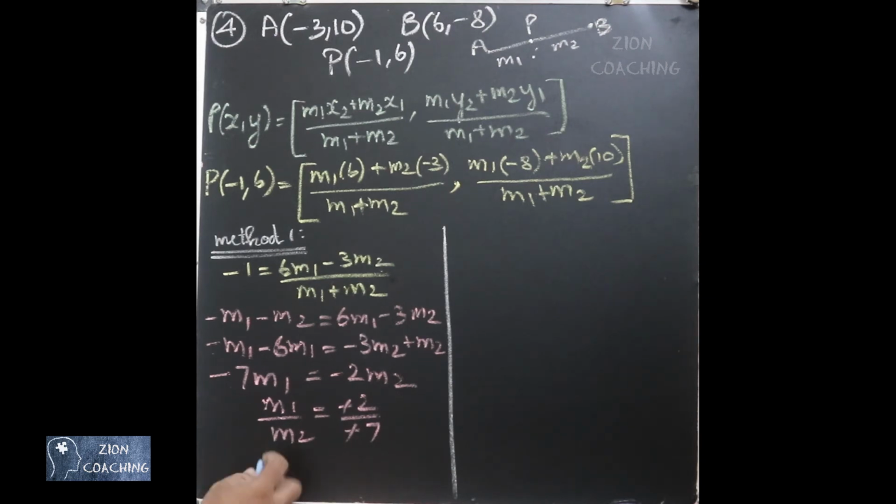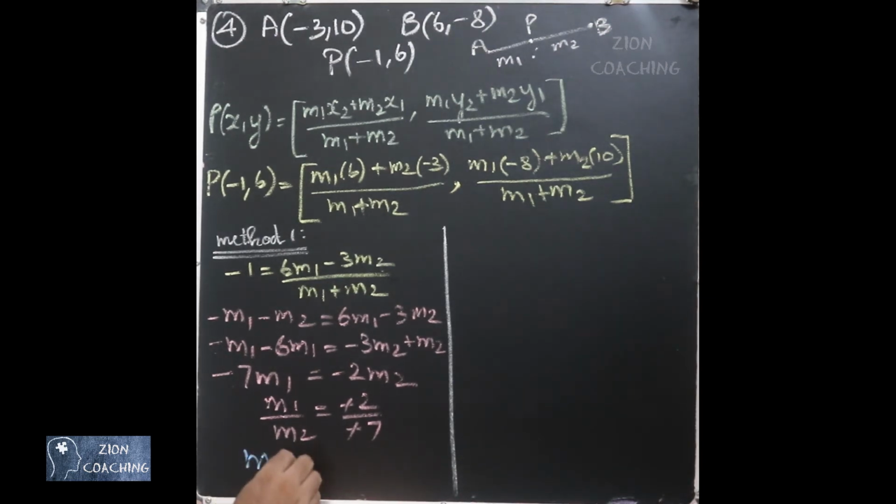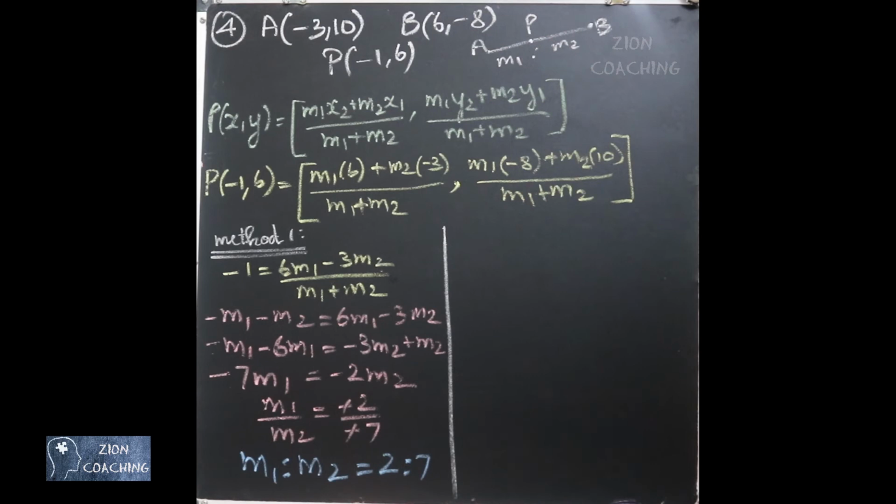So the ratio is going to be m1 is to m2 is equal to 2:7. This is one method, or you can equate even your y values. That's all. This is the answer. You have to find the ratio in which the point is dividing. We have found the ratio to be 2:7. This is the end of the complete problem.